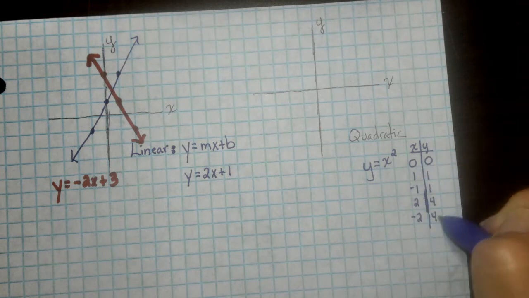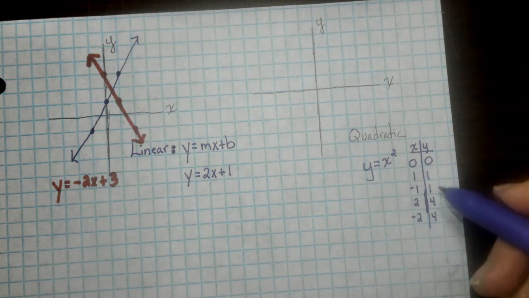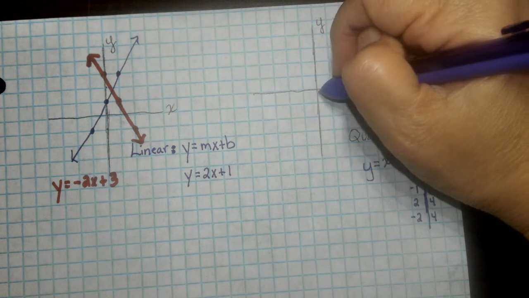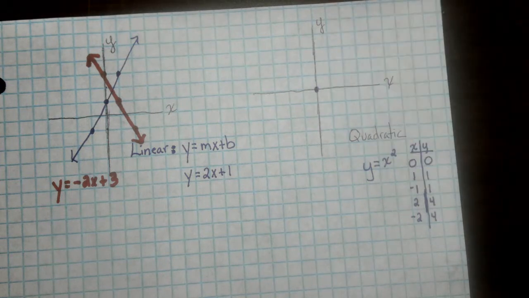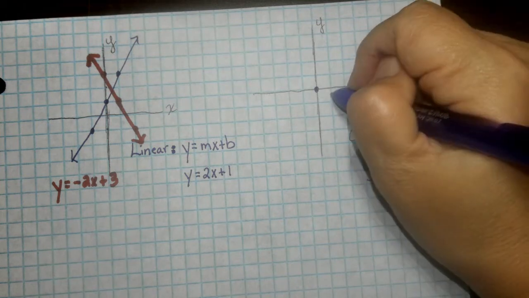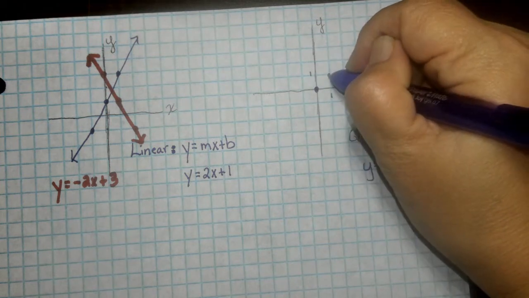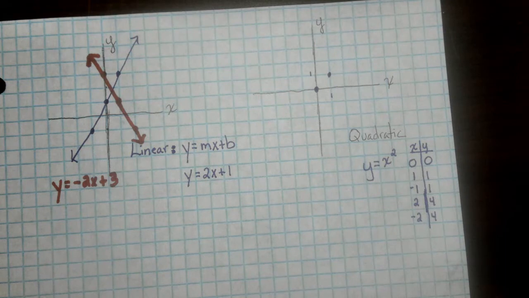So I'm going to plot these 5 points to make my parabola. So 0, 0 is here. 1, 1 is here.